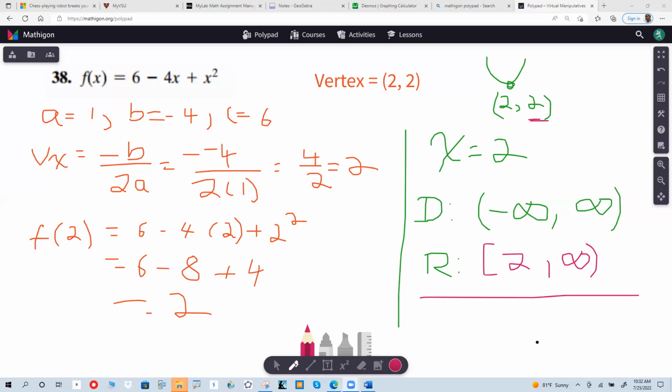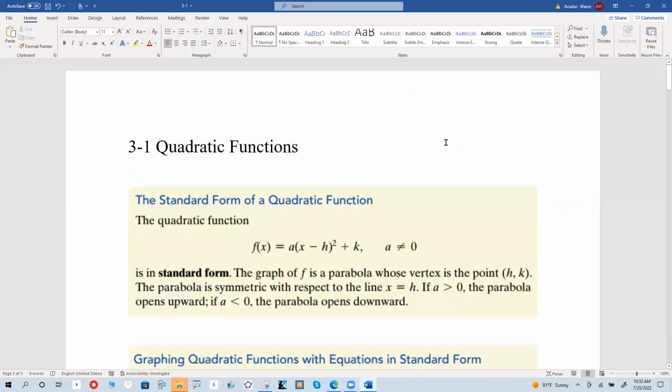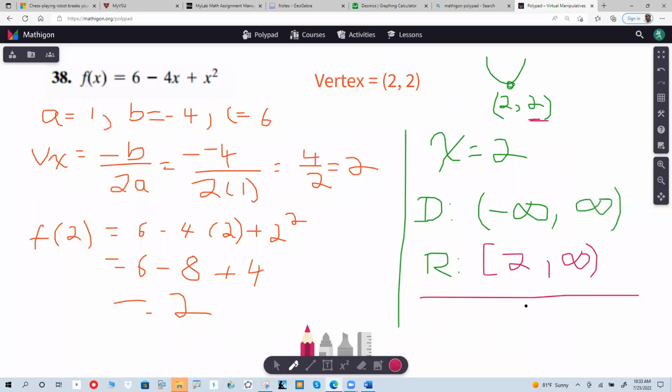It's chapter 3.1, quadratic functions. That's the last section. Nothing new will be done. I can technically do 3.2, but I generally don't.